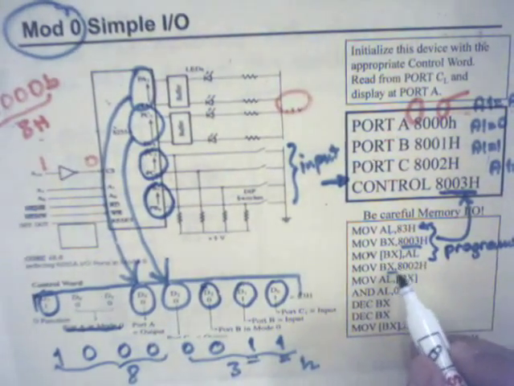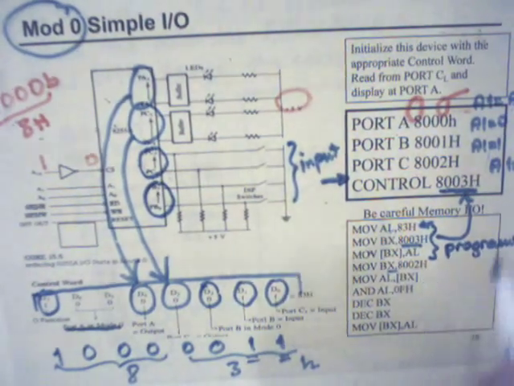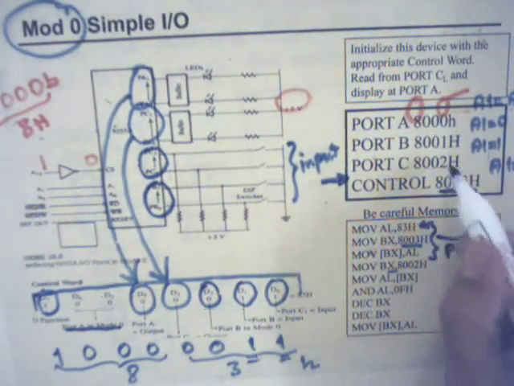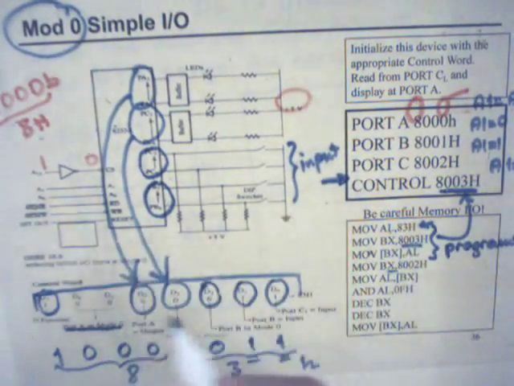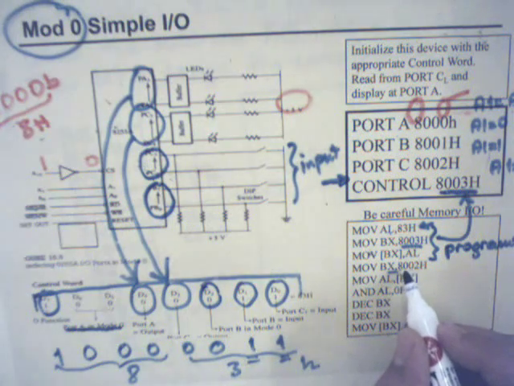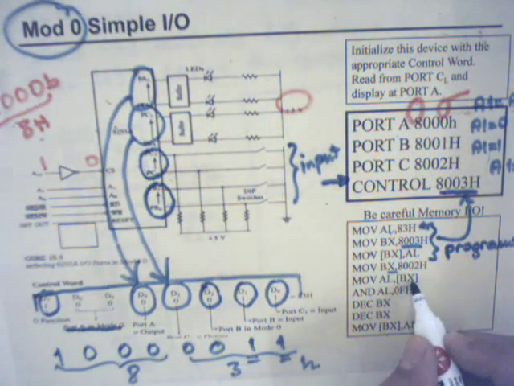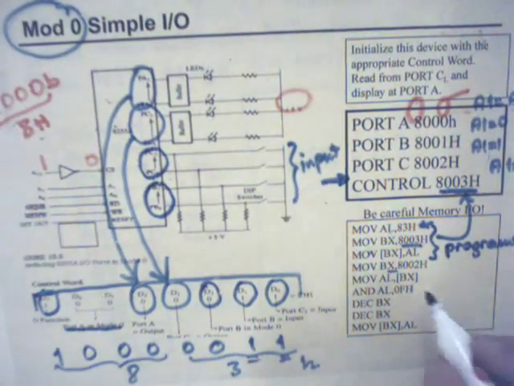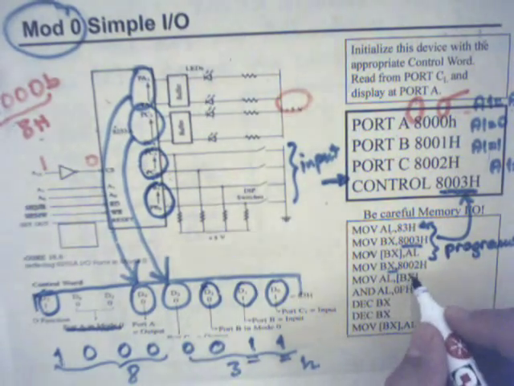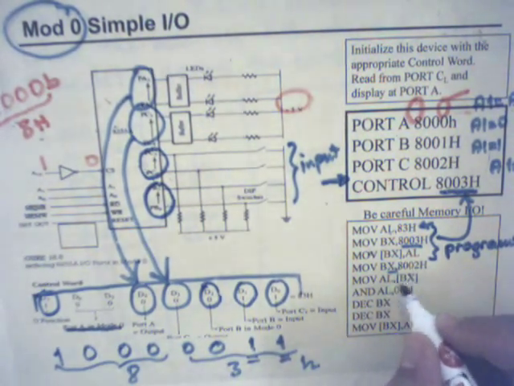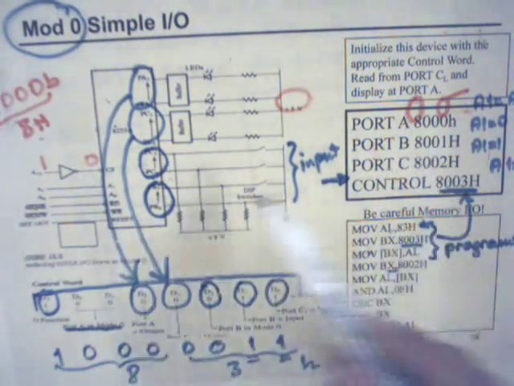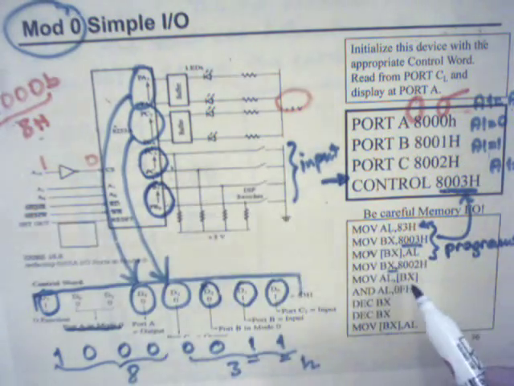Next line, another value is stored at BX. Okay, this value is related to port C. So whenever this value is sent to the address register, port C is selected. At this address, the data pointed at is stored into AL. So whatever the data at port C is stored into AL.